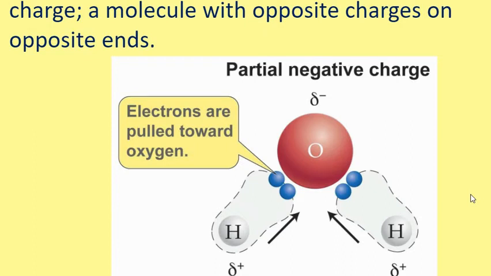So those electrons spend more time around the oxygen than they do around the hydrogens. Okay, so that oxygen ends up with a slight negative charge on that end. And the hydrogen end of water, you can see here, has a slight positive charge. Okay, so this is polarity. This is why all of the other things we're going to talk about in a minute happen, because of this polarity of water.